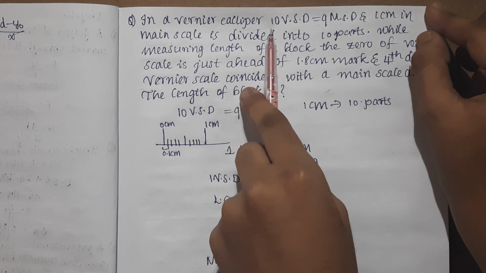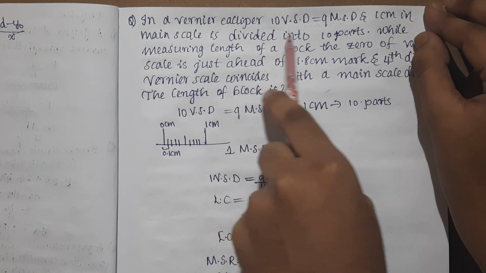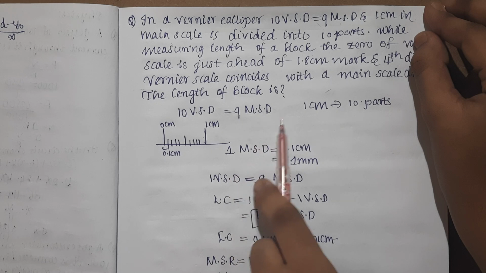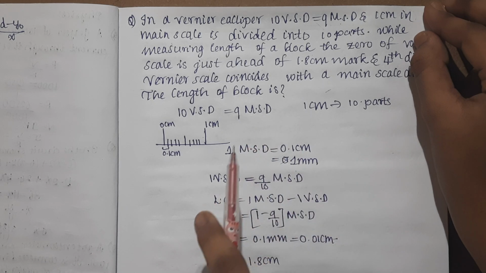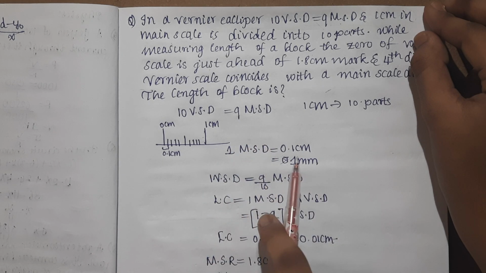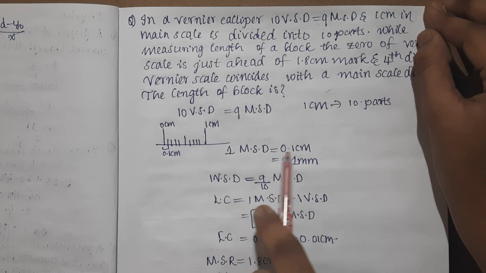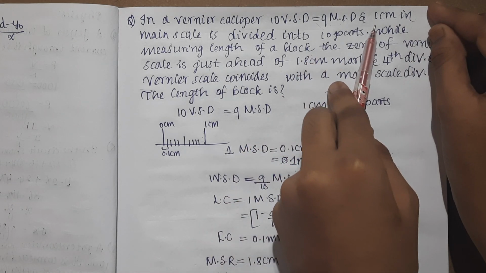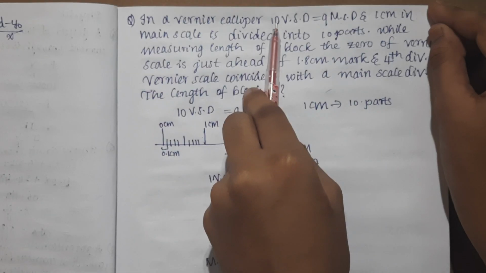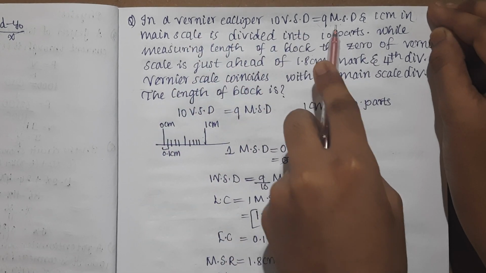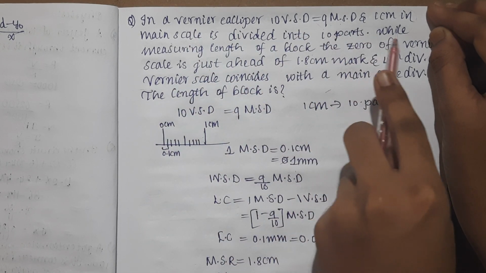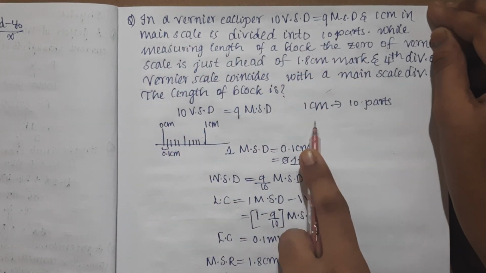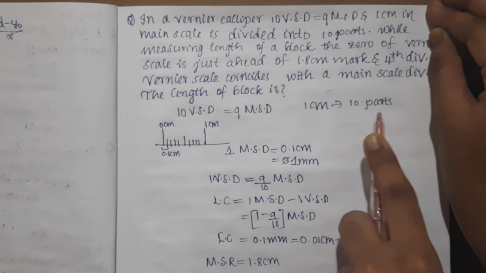Here they have already given the question in a mathematical form, that is 10 Vernier scale divisions are equal to 9 main scale divisions. Now 1 main scale division is equal to 0.1 centimeter, as they have mentioned that 1 centimeter in the main scale is divided into 10 parts.